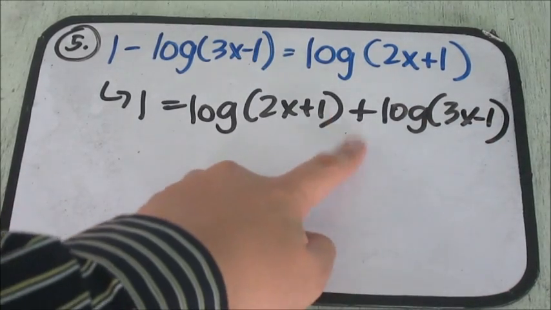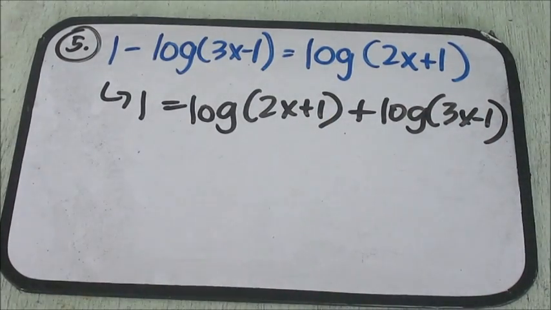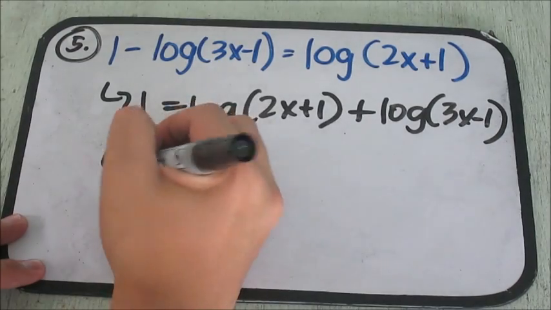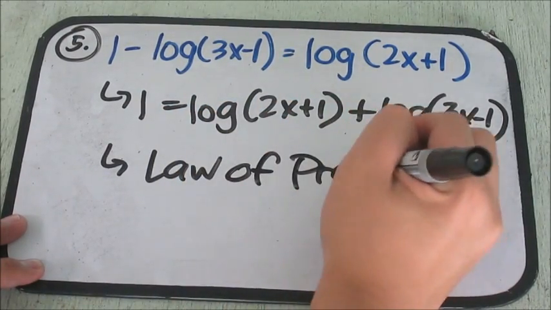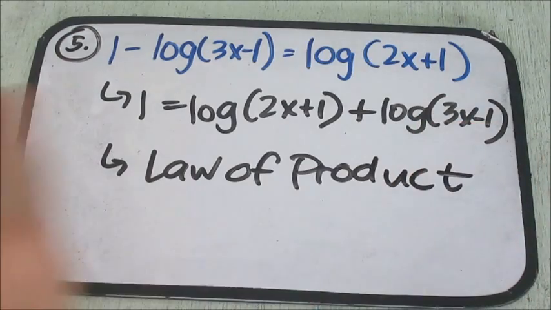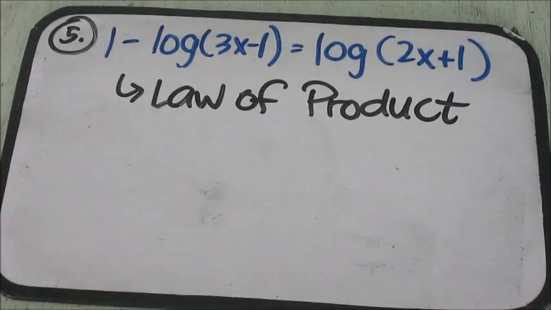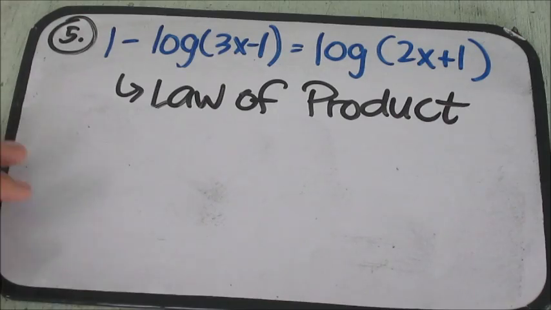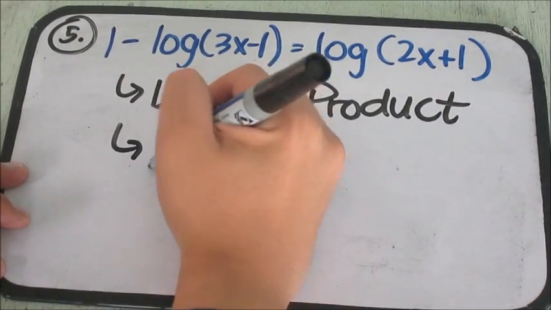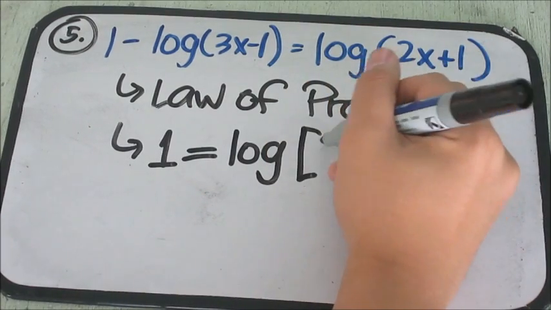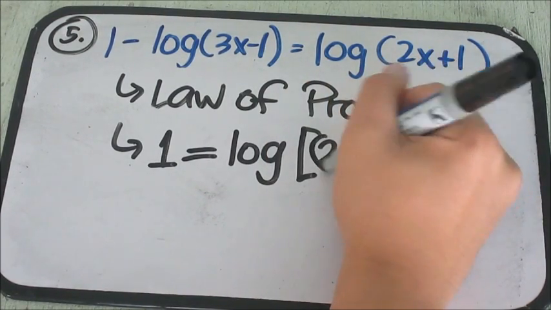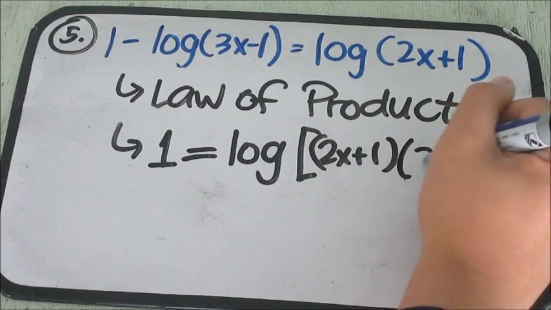So upon seeing this addition sign, the law of product can be applied. By using the law of product, it will become 1 is equal to logarithm of 2x plus 1 parentheses times 3x minus 1.